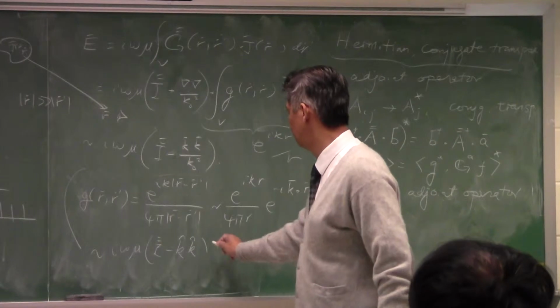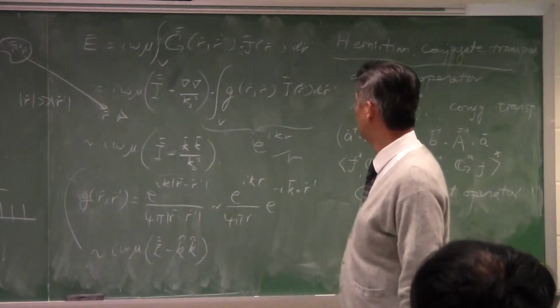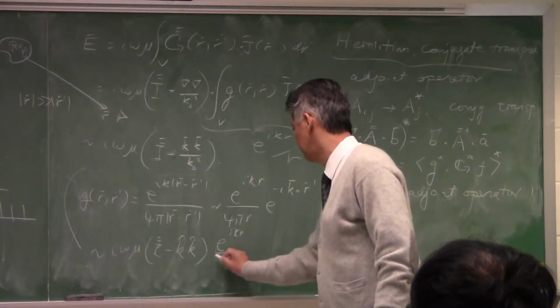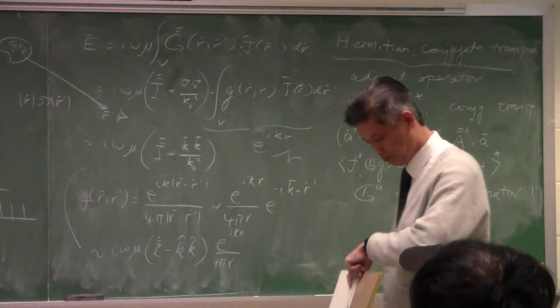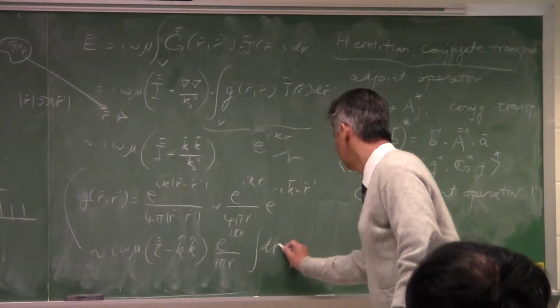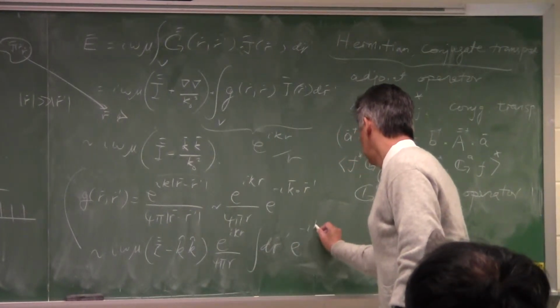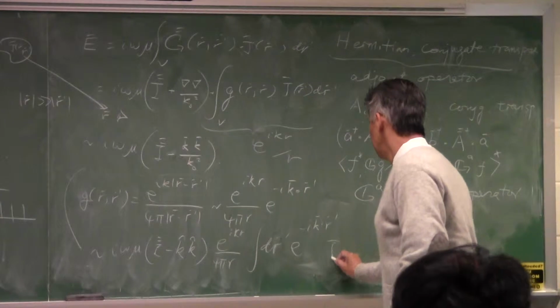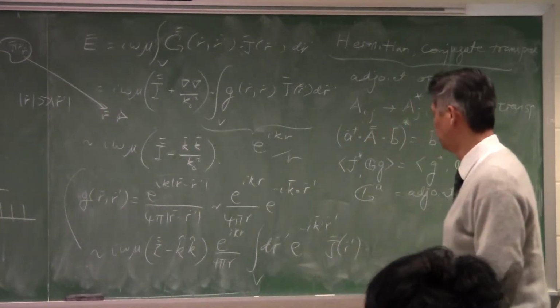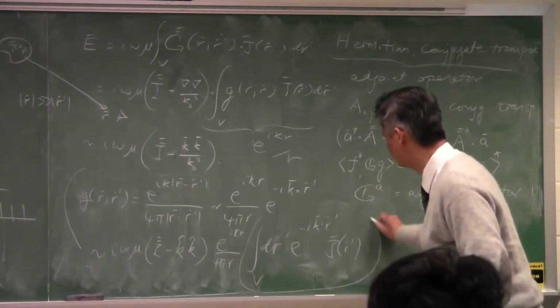I can replace this with unit vectors. And then I can replace this with the spherical wave outside. Okay, I'm actually running out of time. So this is the Fourier transform integral.